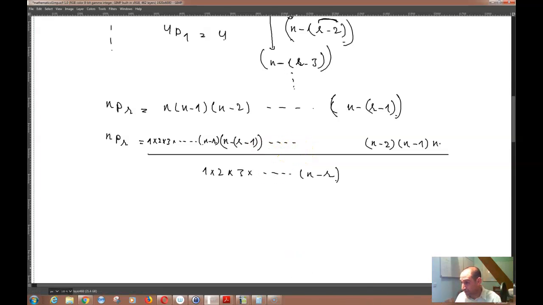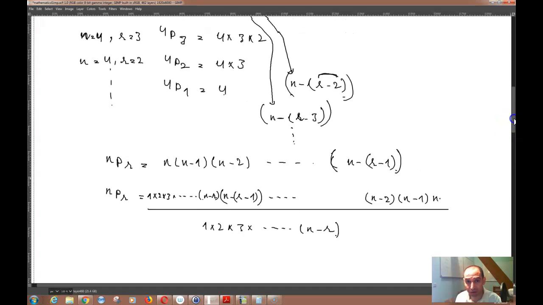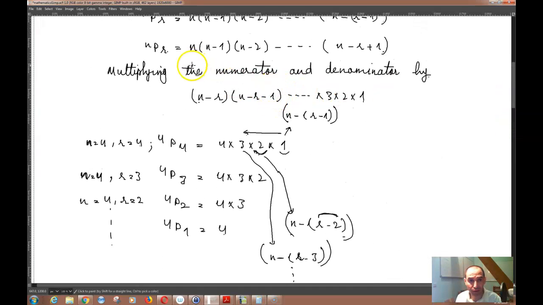And I hope that's the same thing that we have here. And this is actually exactly the same thing that we have here, meaning that here we said that we multiply both the numerator and denominator by 1 times 2 times 3 times all the way up to n minus r.